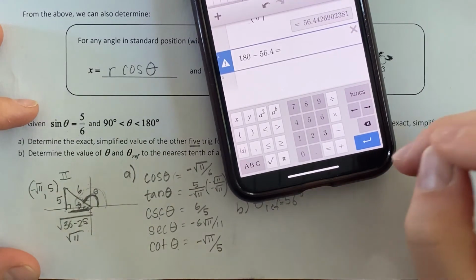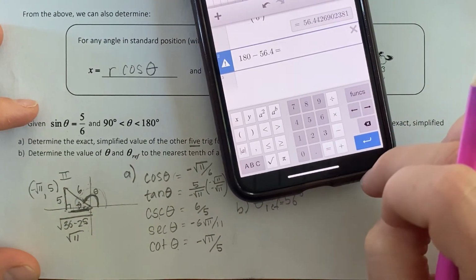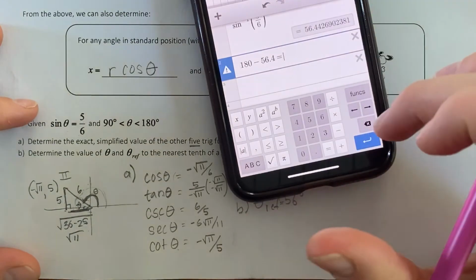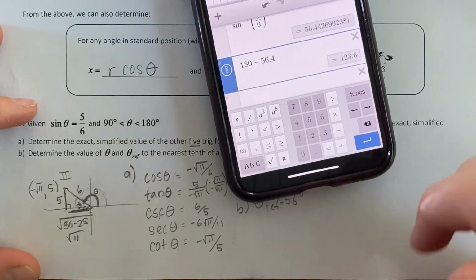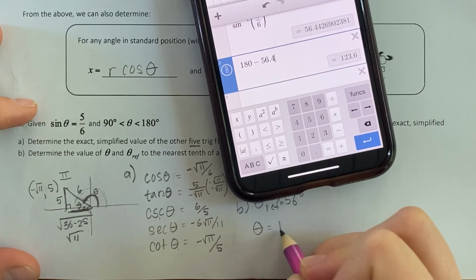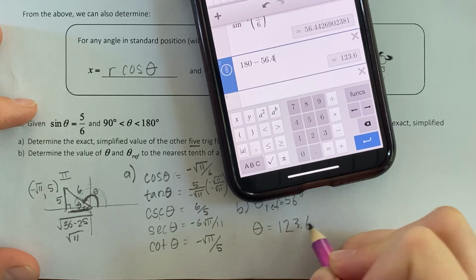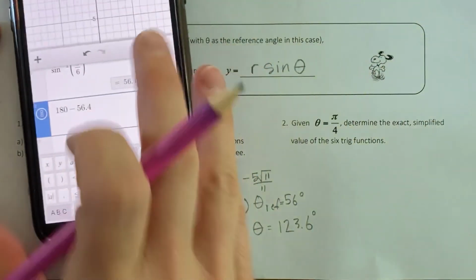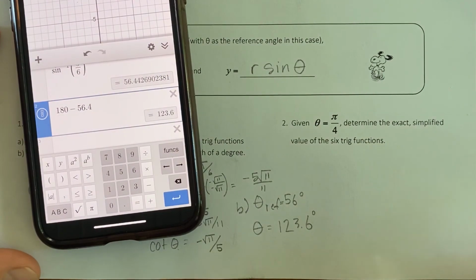You probably could have done that in your head. And we get theta is 123.6 degrees. Now, I want you to try number 2, and I'll check back in with the answer.